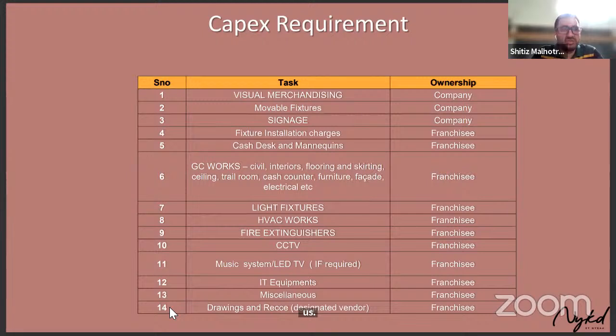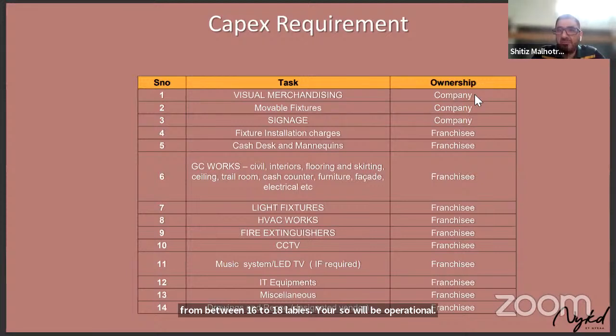So for a 400 square feet store, 7 lakhs for the interior and 8 to 9 lakhs for the stock makes it 15 to 16 lakhs, and 2 lakh rupees is the brand fee. Approximately between 16 to 18 lakh rupees, your store will be operational.